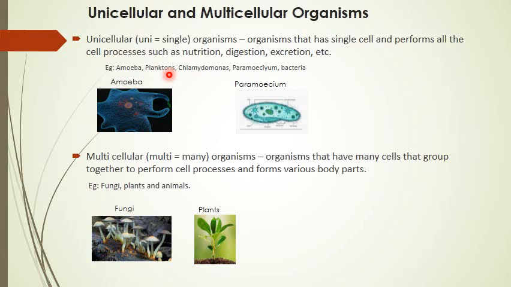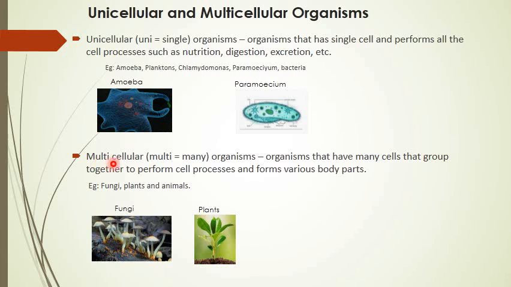The tiny plants present in the water are known as phytoplanktons, and the tiny animals that are present in the water are known as zooplanktons. So in general, it is planktons. Okay, the tiny plants and animals that live in water. So these are the examples of unicellular. These have only one cell, and the one cell performs all the activities of the cell.